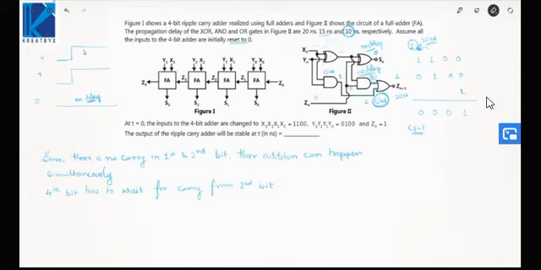Now let us focus on the fourth bit. On the fourth bit, what is happening? The inputs are applied as 1, 0 at 0 nanoseconds. But the carry from the previous bit is coming at 25 nanoseconds as 1. So 1, 0 output will be 1. Now the output of the XOR gate has changed, so it will take 20 nanoseconds.